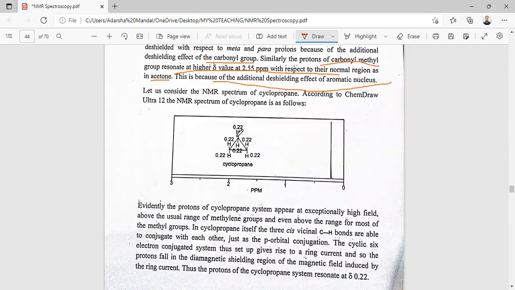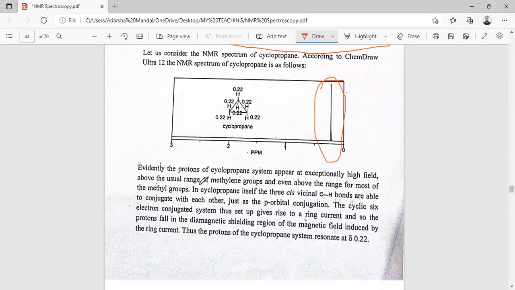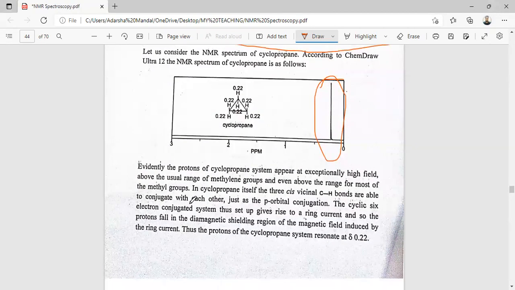Cyclopropane has all hydrogen protons in the same chemical environment, so it has one set of protons, and it will give the value 0.22. The protons of the cyclopropane system appear at high field, above the usual range of methylene groups, even above the range of most methyl groups.